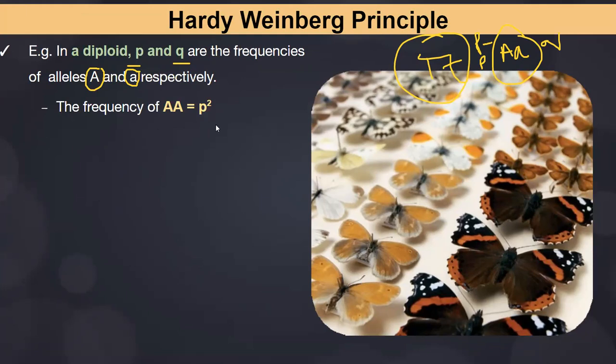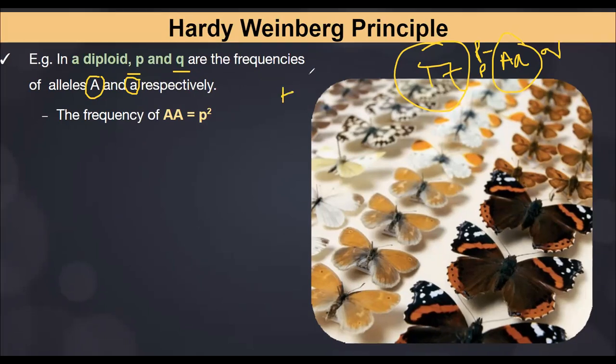So we consider the homozygous condition, just like two tall plants, which we represent like this, and two dwarf plants, which we represent like this. The allele frequency will be what? Whatever the alphabet, let's say the alphabet is p, so it will be p square. Here also, the alphabet we chose is, let's say, q, so it will be q square.